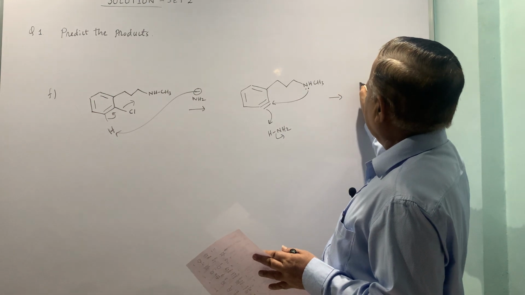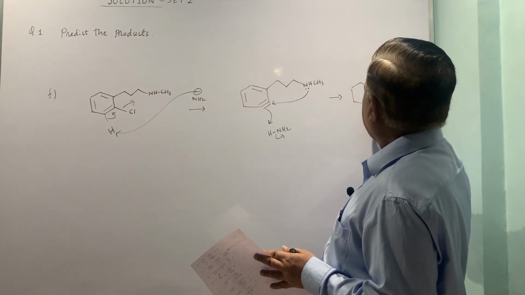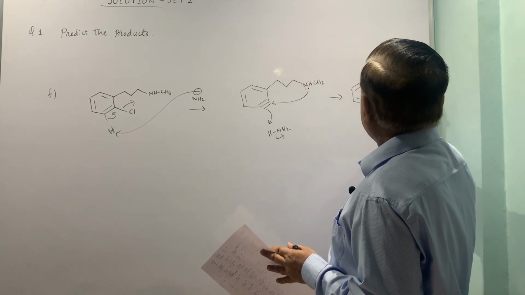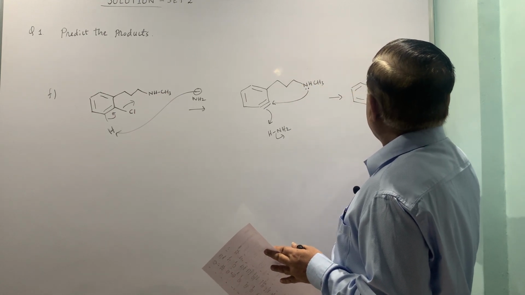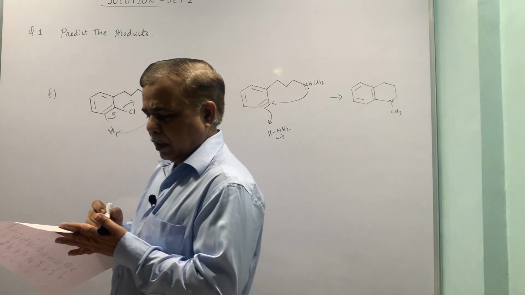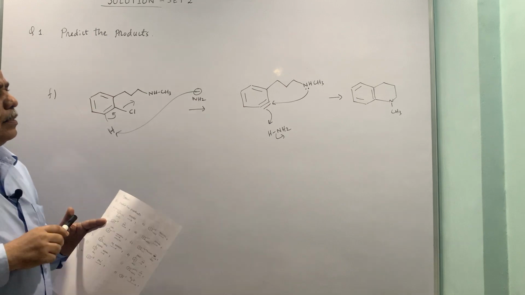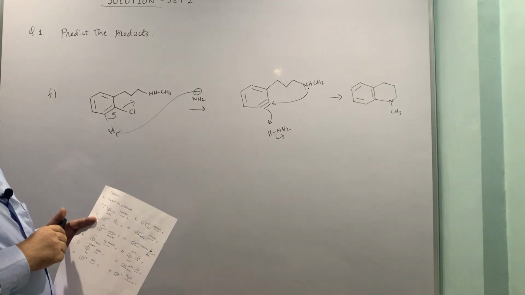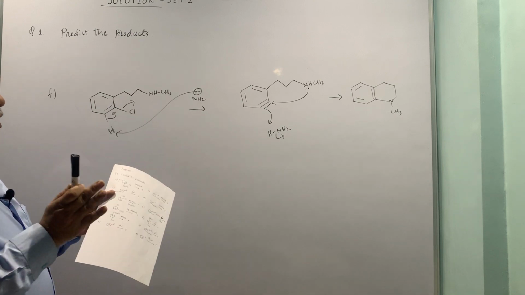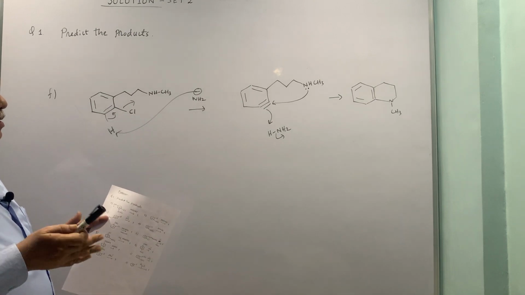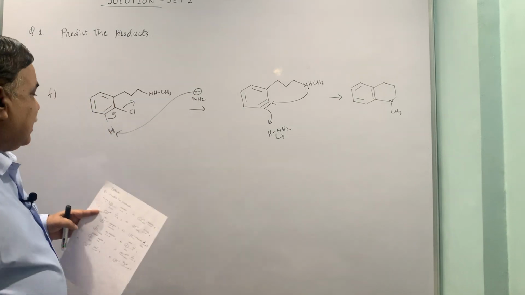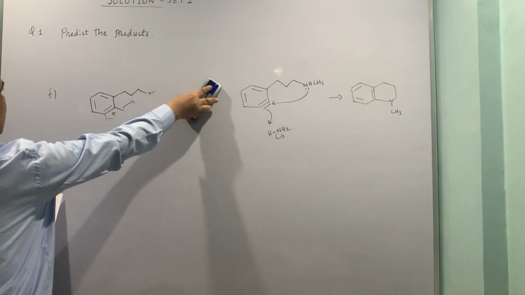So it will be a compound wherein you will have 1, 2, 3 intervening methylenes, and now you have the 6-membered ring. So if it is unsaturated, it is quinoline. This is a tetrahydroquinoline derivative, what you can say. This is based on the benzyne mechanism.